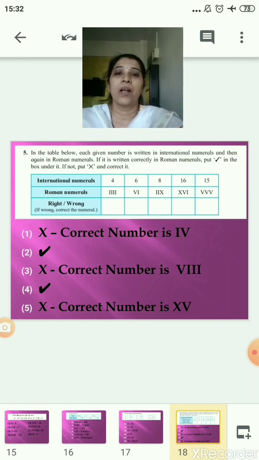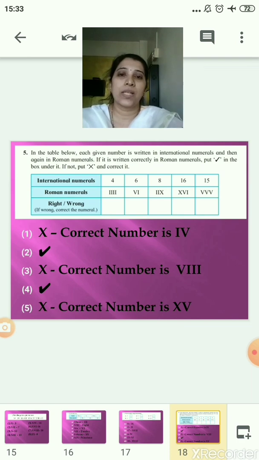Next is 16. International numeral is 16 and the Roman numeral which is given is X, V and the capital letter I. So the capital letter X stands for 10 and V and I stands for 6. So 10 plus 6 is 16. So it is correct.